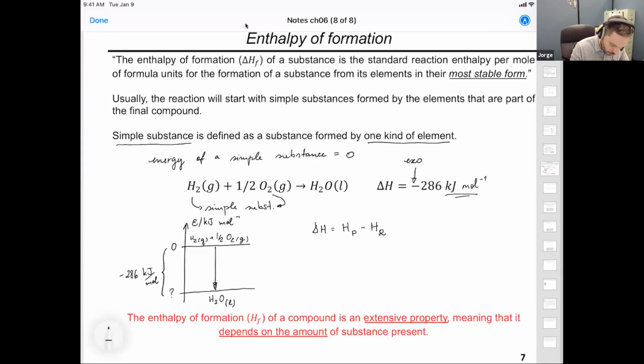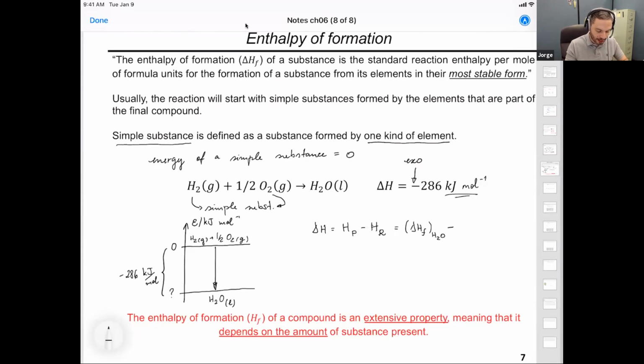Well, we don't know the final energy level, and I'm going to call the final energy level delta H of formation for water, minus the energy level of the reagents.